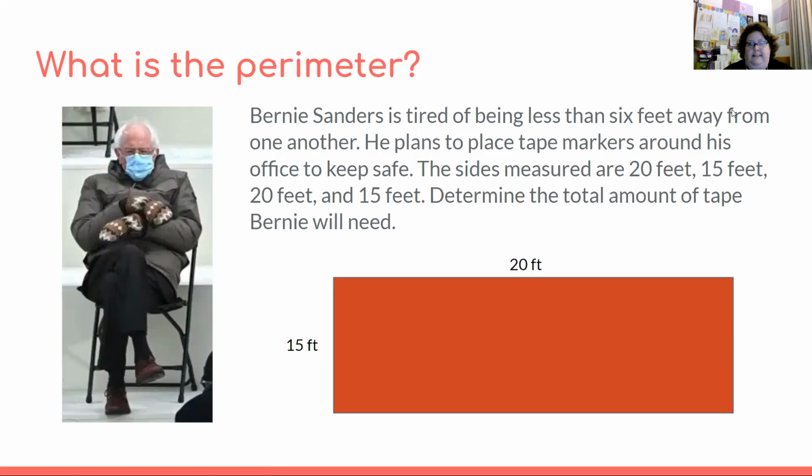He's going to mark off his area, keep everyone away from him. So the sides are measured as 20 feet, 15 feet, 20 feet, and 15 feet. So y'all work this out and tell me what the perimeter is for this rectangle.